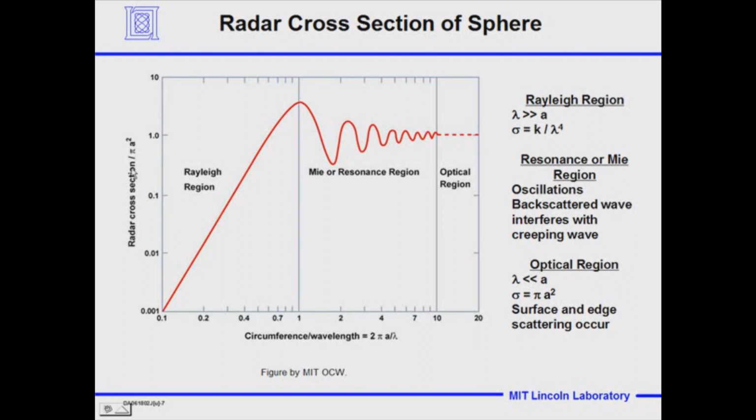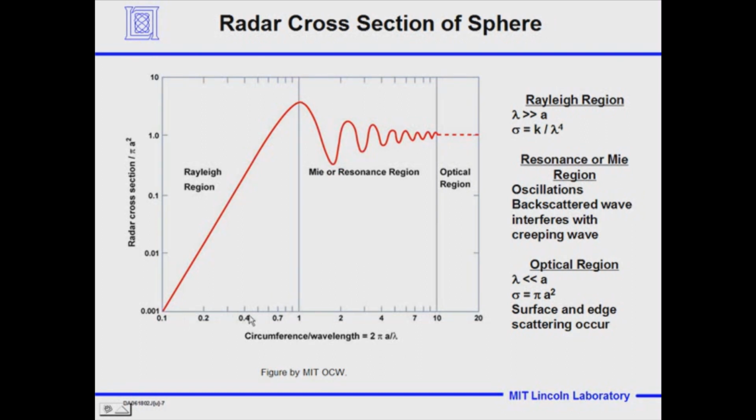And what we're measuring is the radar cross-section normalized to pi r squared, which is just the area of a circle. We're comparing that on this axis to the circumference of the sphere divided by the wavelength.